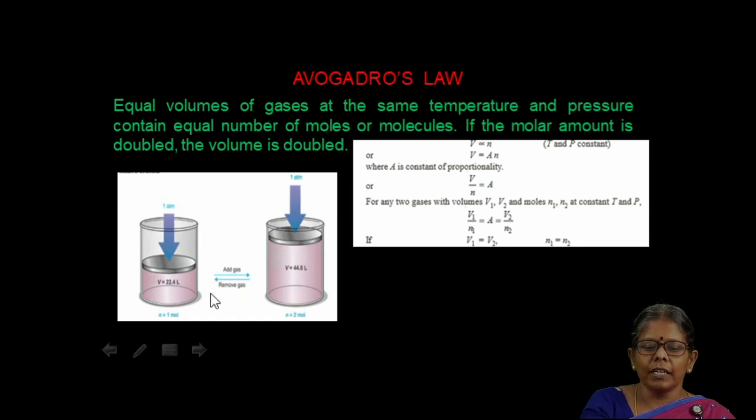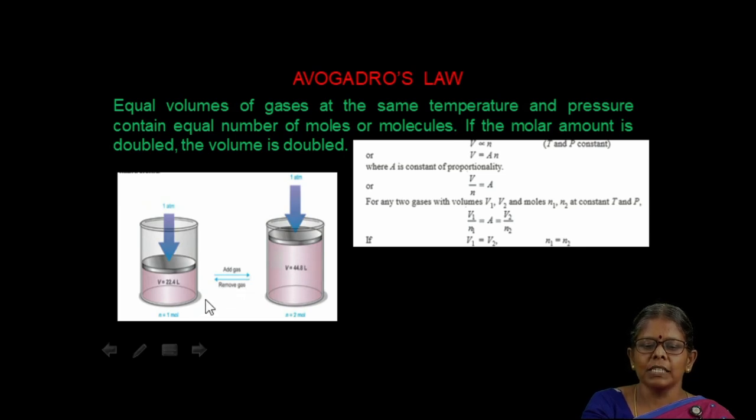Here we are keeping the volume as 22.4 liters under the case of 1 atmospheric pressure, and the temperature also remains the same. When the amount is increased from 1 mole to 2 moles, the volume occupied by them will also increase by 2 times, that is, it gets doubled.